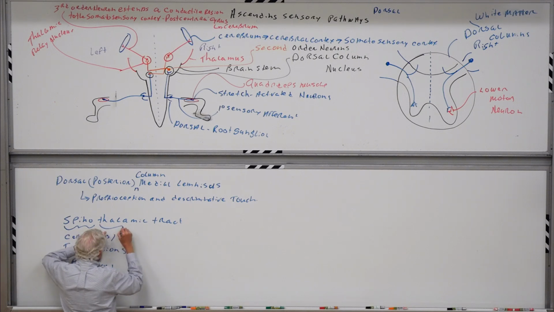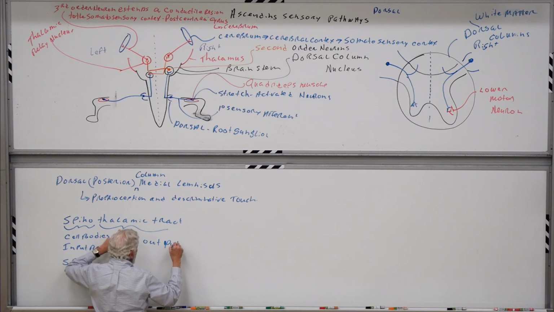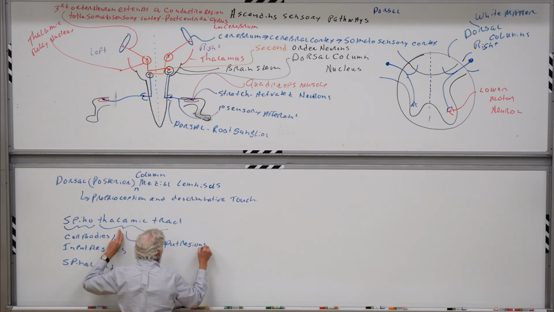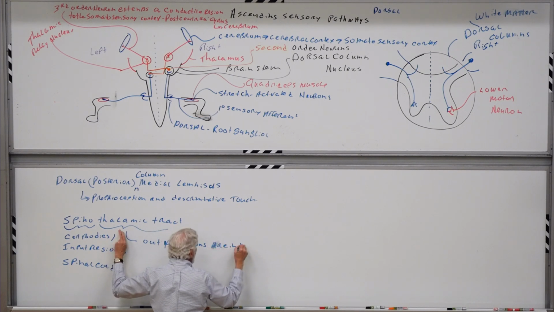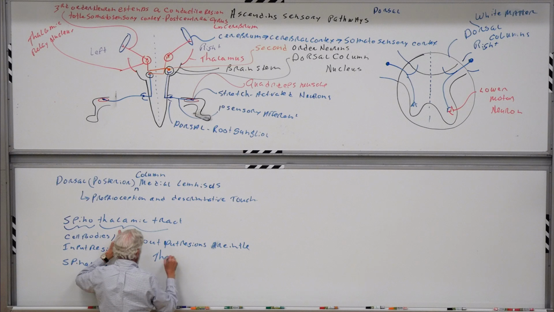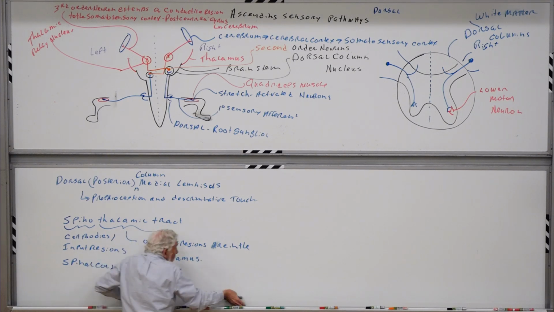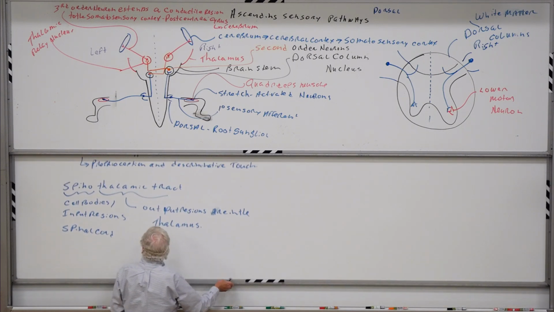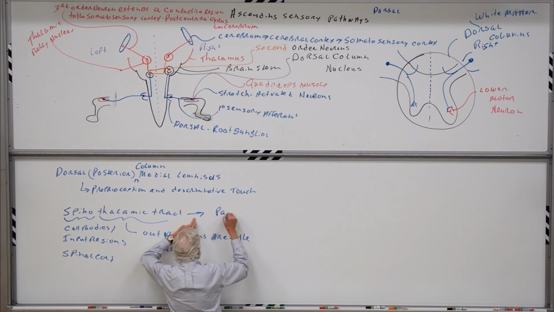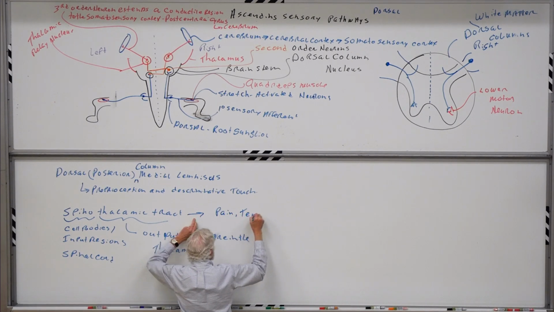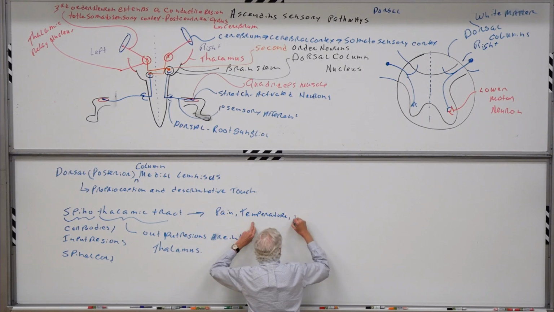But then it also tells us that the output regions are in the thalamus. So now let's follow this path. Oh, I should say one more thing. Spinothalamic tract carries information about pain and temperature and pressure.